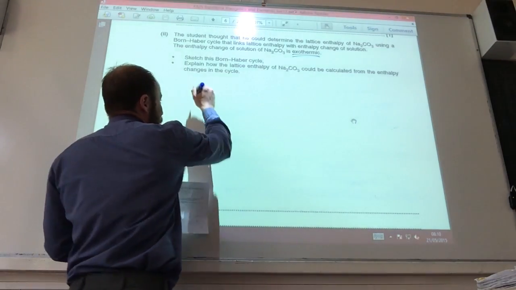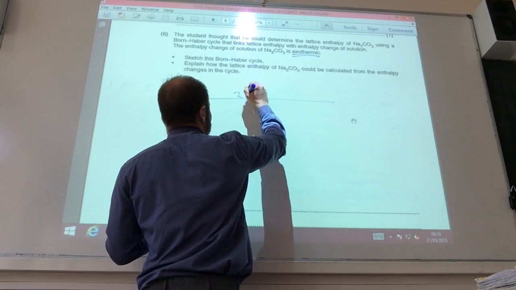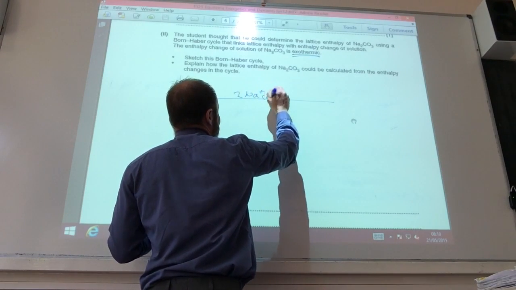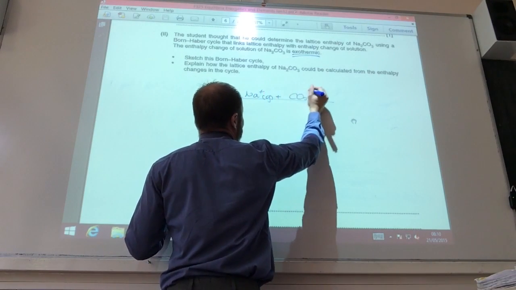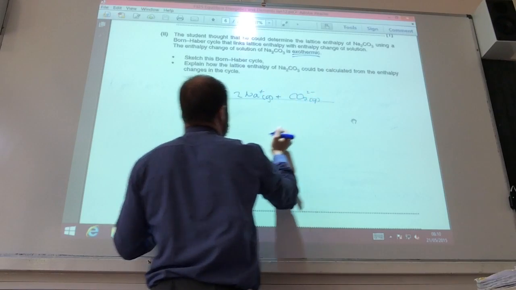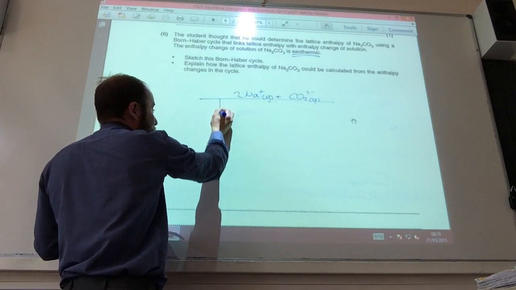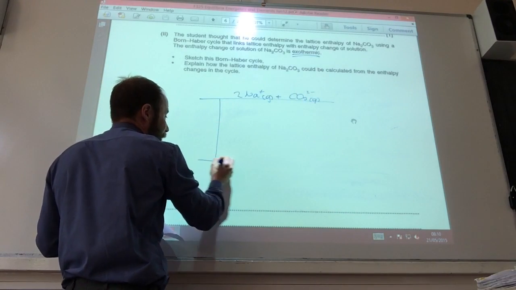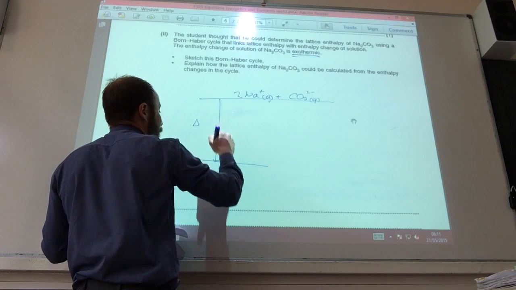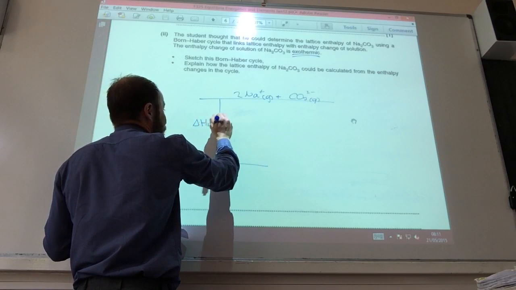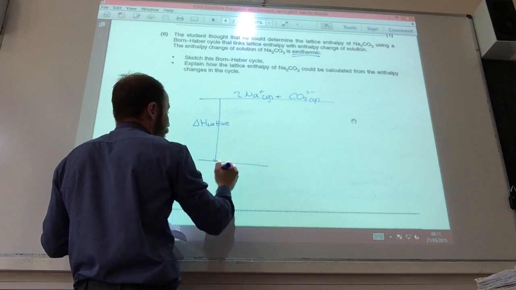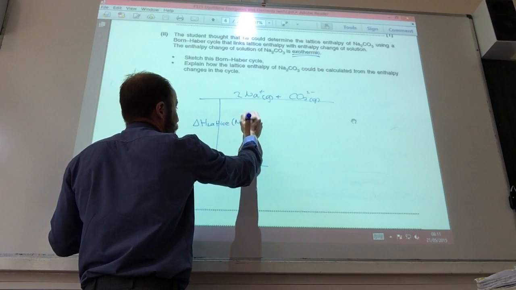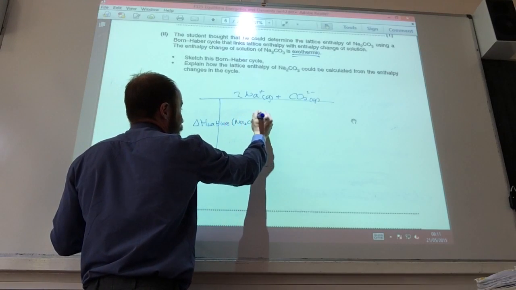Okay, so I generally start at the top. So at the top you've got 2Na plus gas plus CO3 2 minus in the gas. That there is going to be your lattice entropy of sodium carbonate.